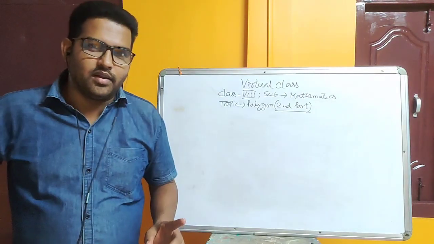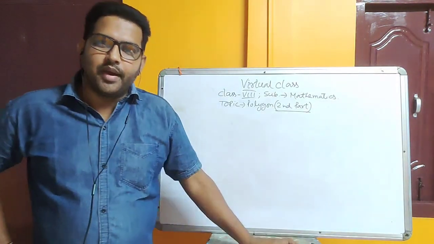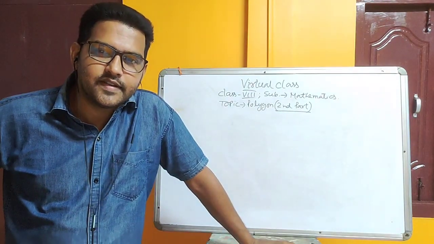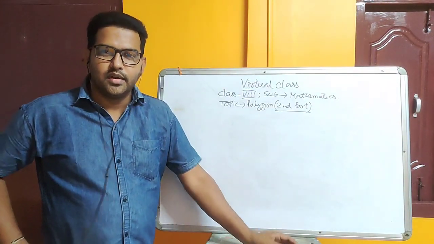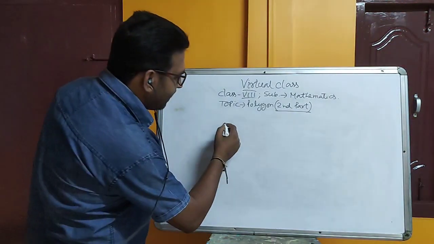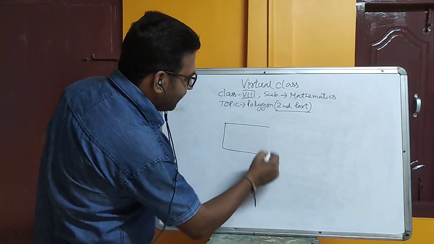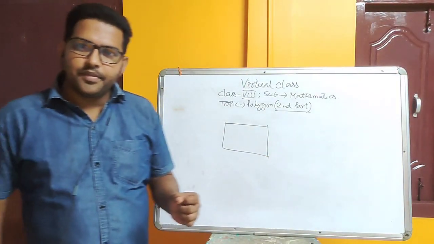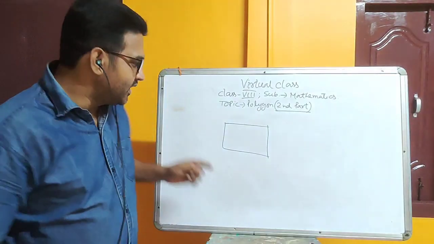A diagonal is a line segment that joins any two non-adjacent vertices of a polygon. So if I discuss it again here, let me construct the figure of a quadrilateral. How many vertices are there? There are 4 vertices.